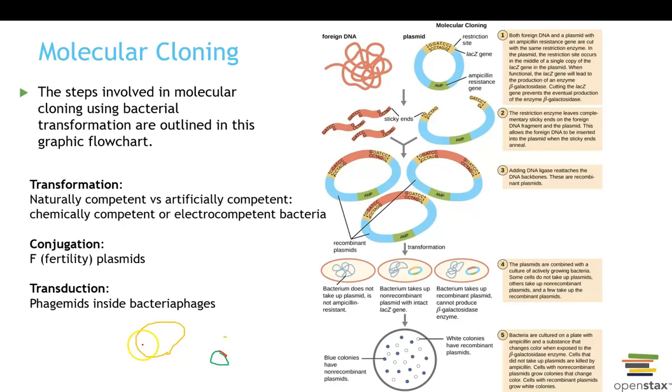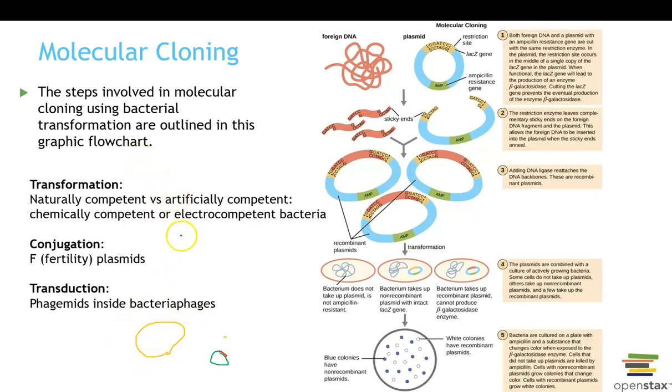But in order to make this process more efficient and quicker, we artificially make the bacteria more competent to do the transformation in a more efficient way. We use some chemicals that make the cell membrane more loose, or more competent, in order to get the plasmid from their environment.